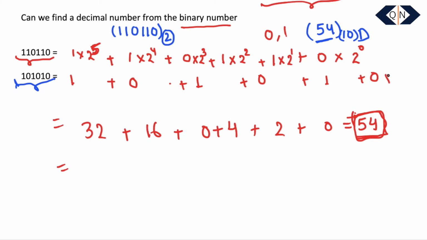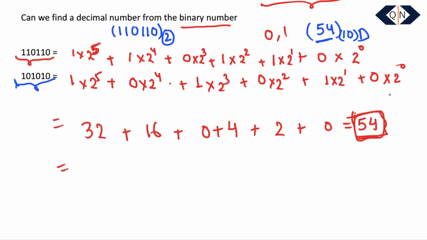Here we are giving 2 to the power 0, here 2 to the power 1, here 2 to the power 2, here 2 to the power 3, 2 to the power 4, 2 to the power 5.